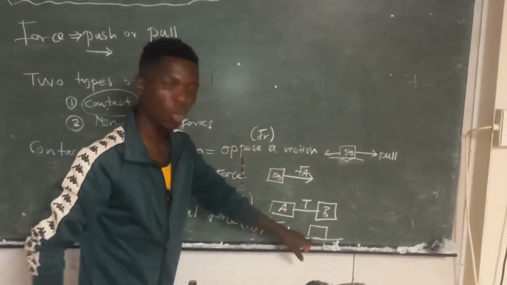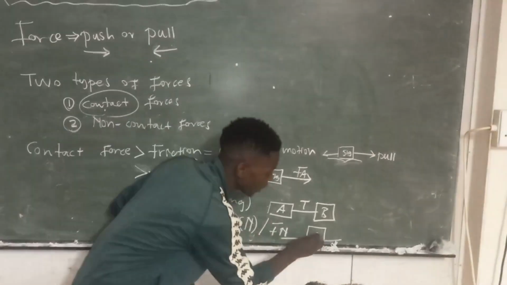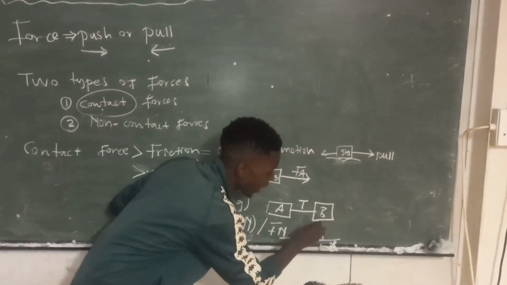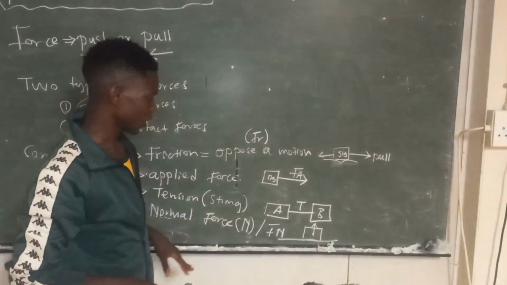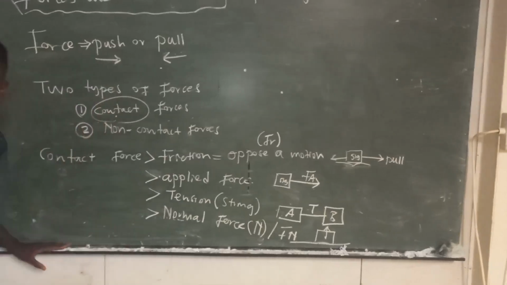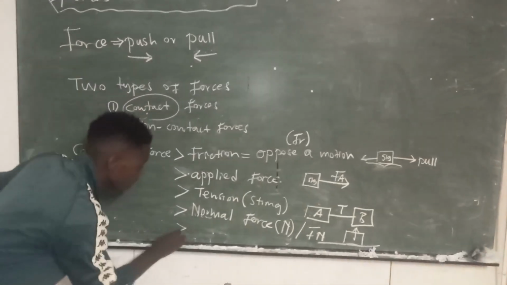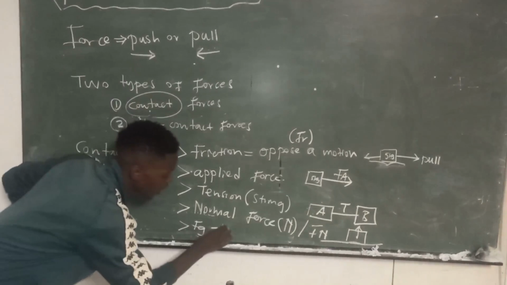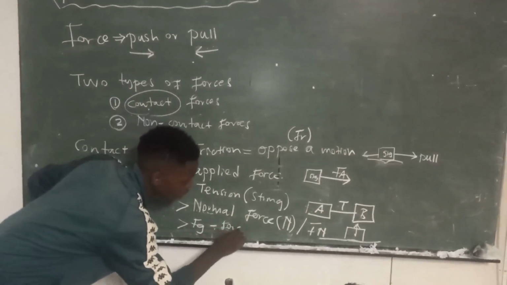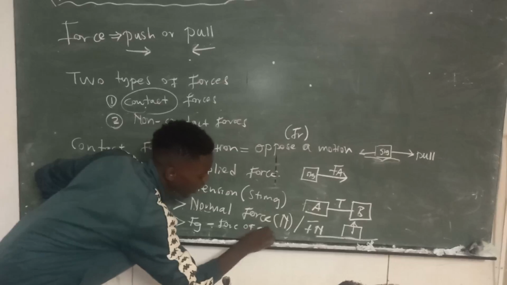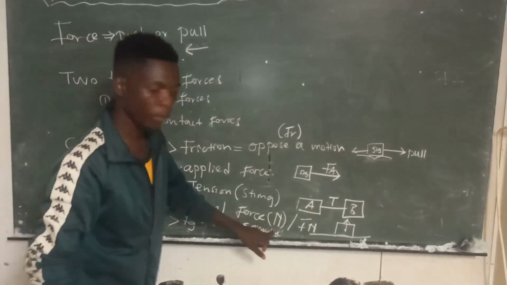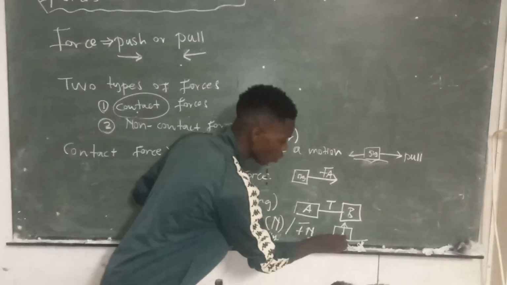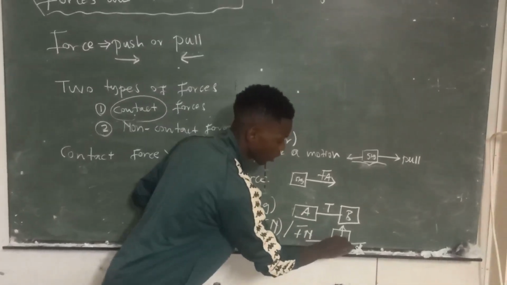If this is in contact with the ground, the normal force will act perpendicular to the surface. Its opposite is gravity, Fg, the force of gravity, which is the opposite of the normal force. It always goes down.